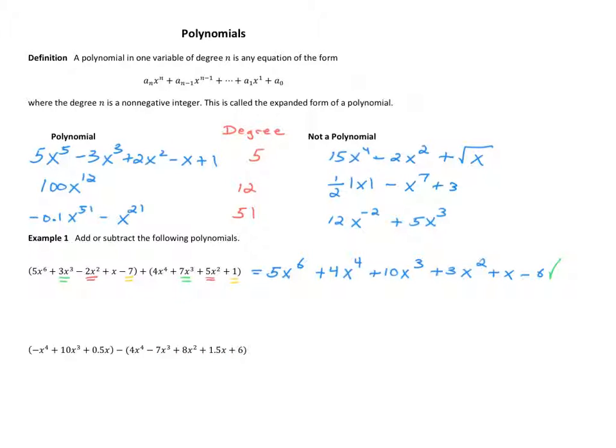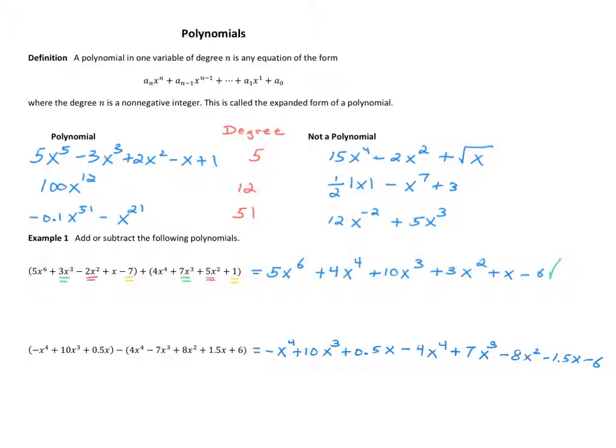So let's rewrite the question. This is negative x to the fourth plus 10x cubed plus 0.5x. Then we're going to have minus 4x to the fourth plus 7x cubed minus 8x squared minus 1.5x minus 6.